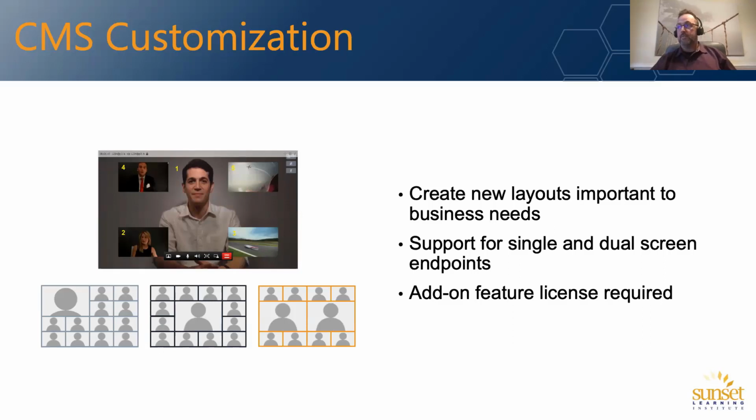Now, again, you do have to have the customization license key, but Cisco made a key change with that license key as well. And that is, prior to version 2.8, if you bought the customization license key, you had to buy a certain number of licenses based on the customizations you wanted to introduce.